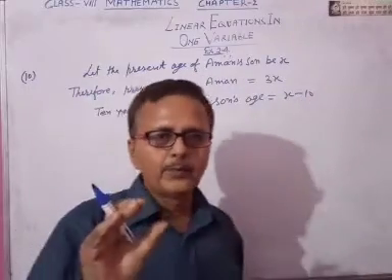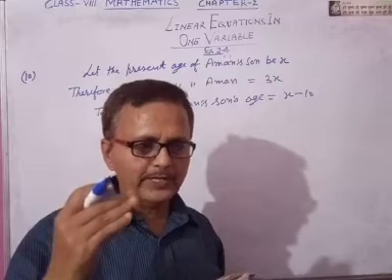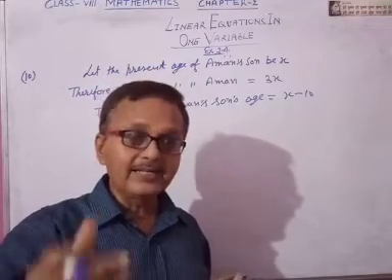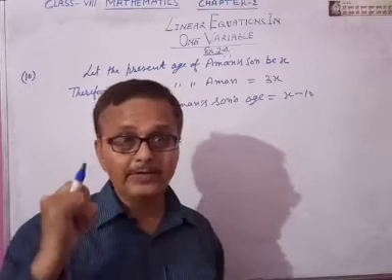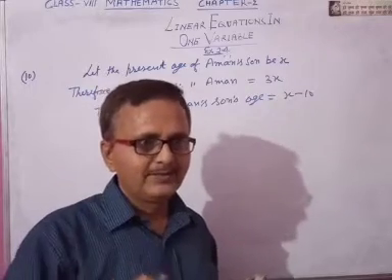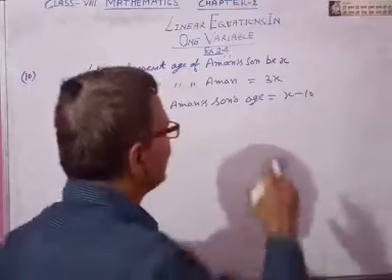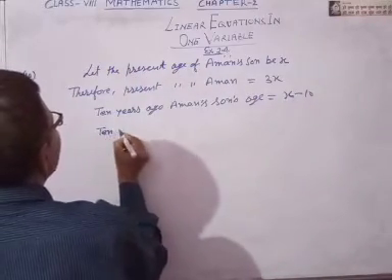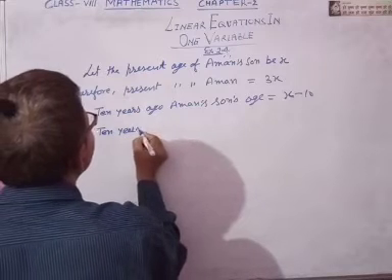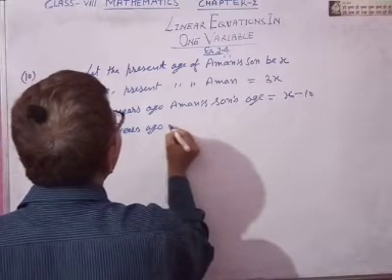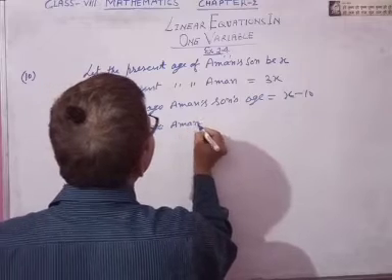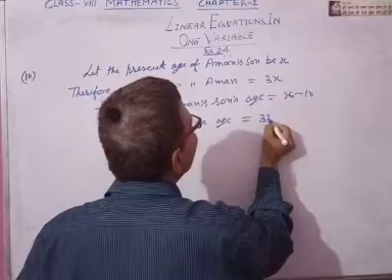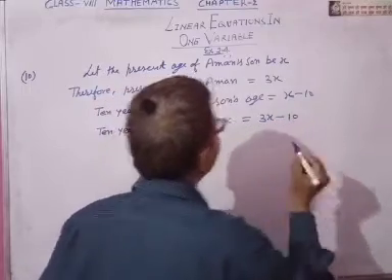Abhi, now you are 15 years old. 10 years ago, what will be your age? 15 minus 10, that is 5. You will subtract 10. Aman's age is now 3x, and 10 years ago, 3x minus 10.